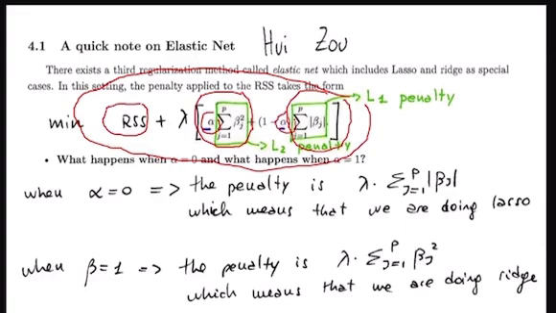When alpha equals 0, it's going to be lasso. When alpha equals 1, it's going to be ridge. So our alpha is going to be between 0 and 1, so that we have some sense of ridge and also some sense of lasso in our model. And that is what we call elastic net regression. That's exactly what I put here.